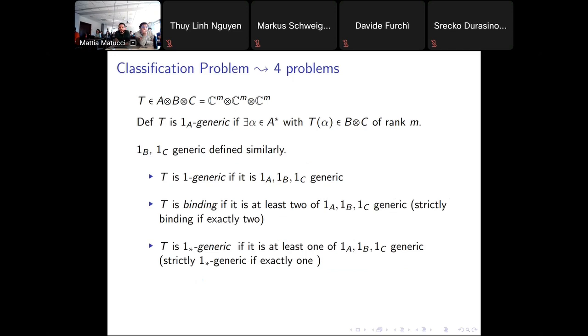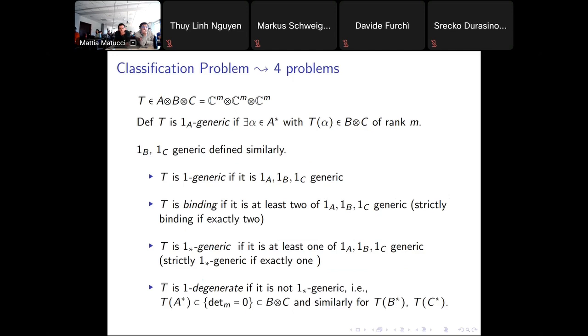And then the tensors that are 1-degenerate, that don't have any full rank matrix at all, these things are contained in the zero set of the determinant. And if you remember the discussion of Strassen's equations, they were almost worthless here because we wanted to use T(α) inverse to get our equations.